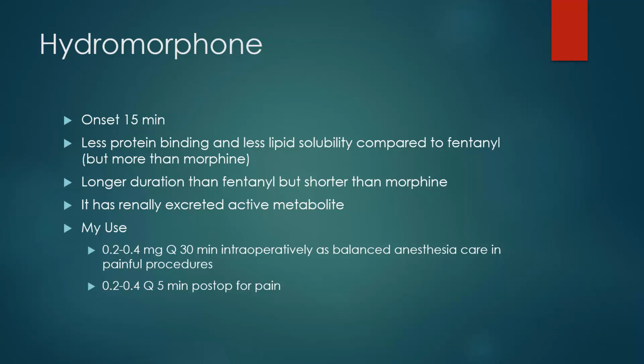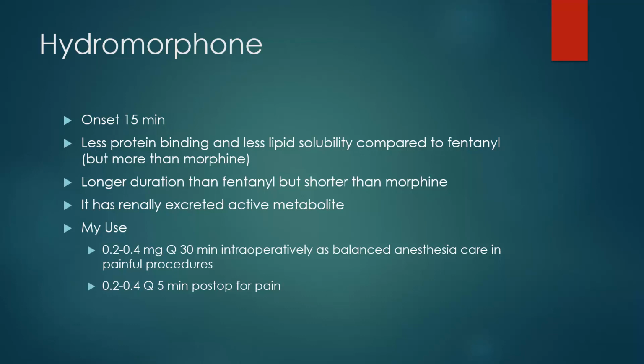And also, the duration of action is longer than fentanyl, but shorter than morphine. It has some renally excreted active metabolites, so you've got to be careful about it in renal failure. Its context-sensitive half-time is better than fentanyl, despite what you would predict if you looked at the pharmacokinetic table. But it's definitely not as good as remifentanil or sufentanil.